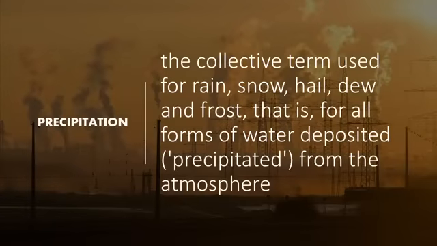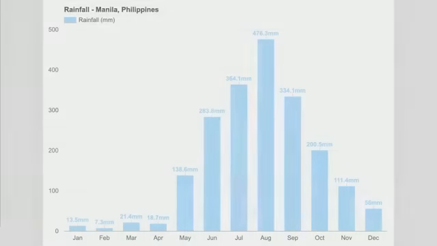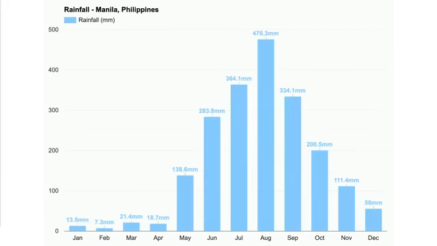Okay, so precipitation, again, rain. The collective term for rain, snow, hail, dew, whatever, is precipitation. It's basically precipitated from the atmosphere. So it's something that came down from the atmosphere. In the Philippines, rainfall is measured in millimeters.